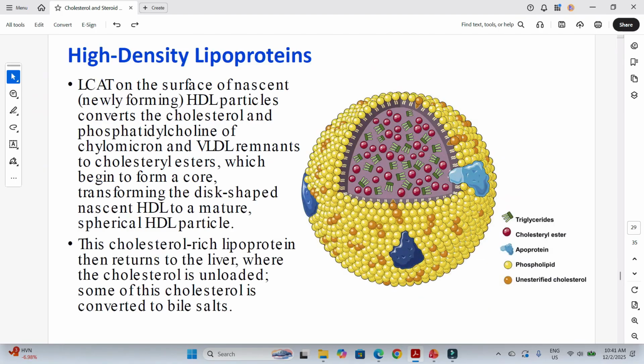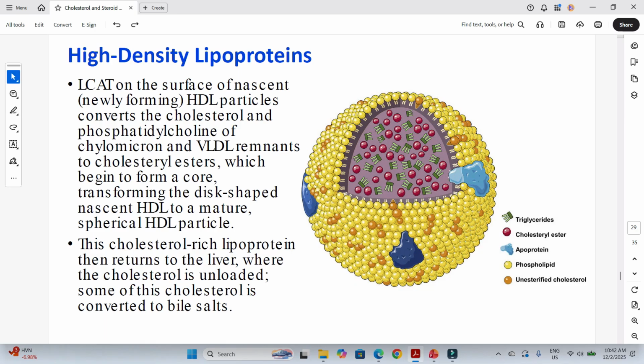Now, the LCAT on the surface of nascent, meaning newly forming, HDL particles converts the cholesterol and phosphatidylcholine of the chylomicron and the VLDL remnants. Remember, the VLDL remnants are the VLDL that have lost significant amounts of triglycerides.